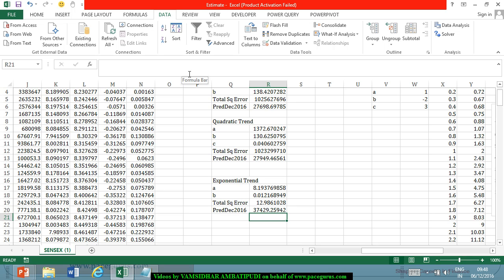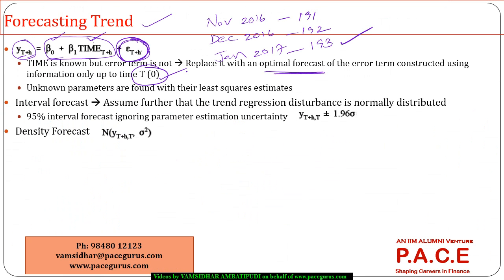This model says the expected value of the Sensex in December 2016 is 37,429. It's looking pretty much on the higher side. Now we have the estimated values for the next period.